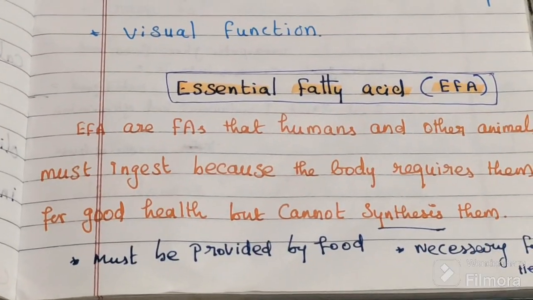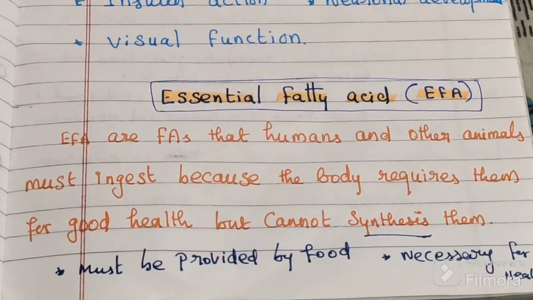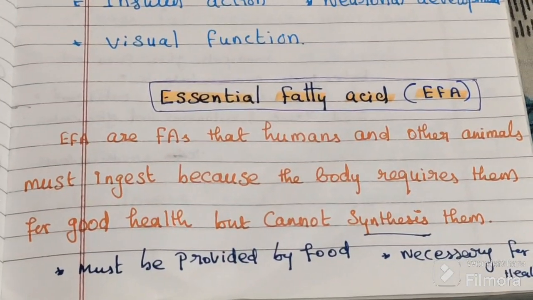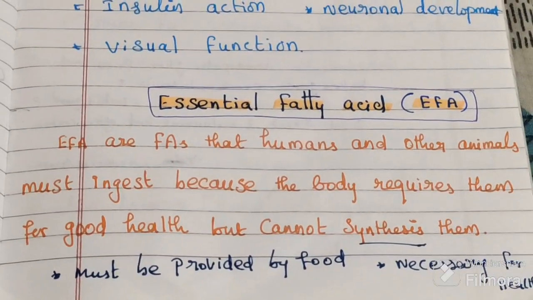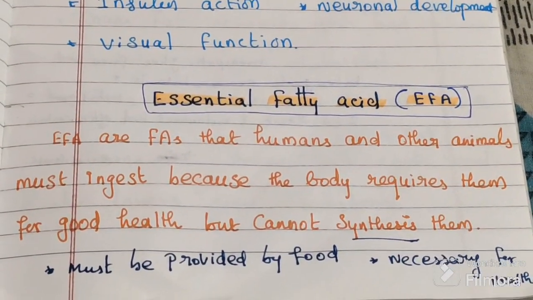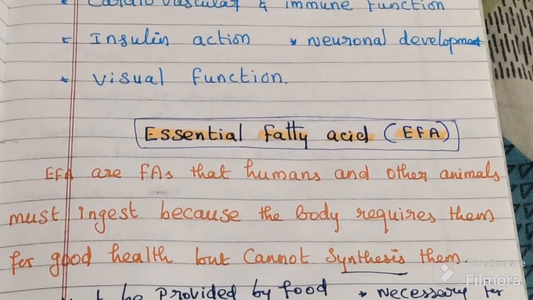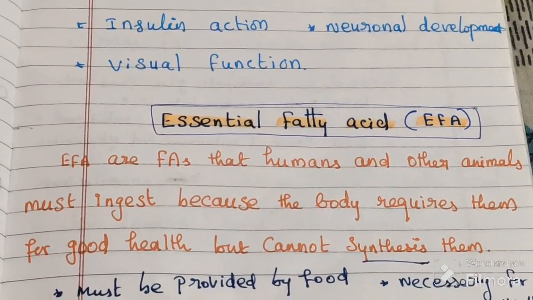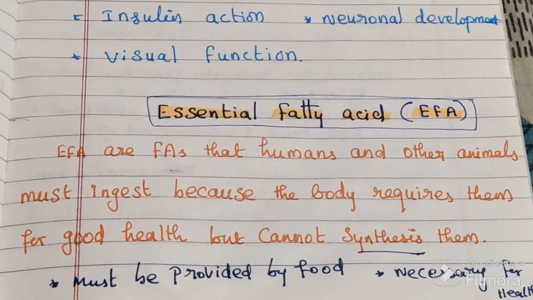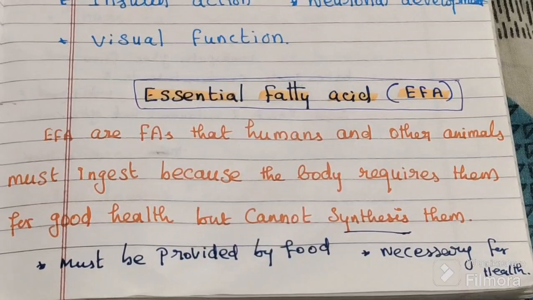Next, essential fatty acids. Essential fatty acids are fatty acids that the human body cannot synthesize, so we must take them through diet. Humans and other animals must ingest them because the body requires them for good health but cannot synthesize them.